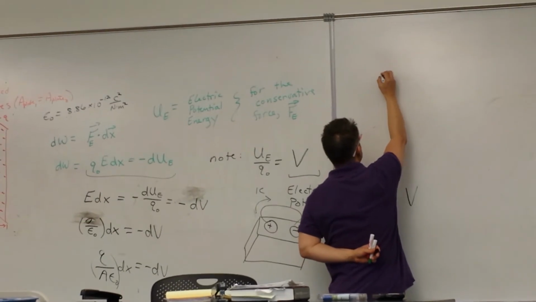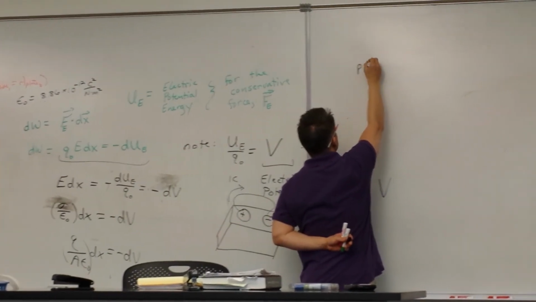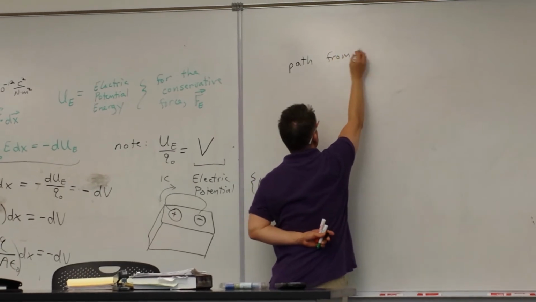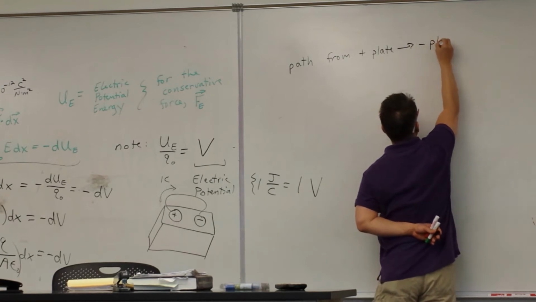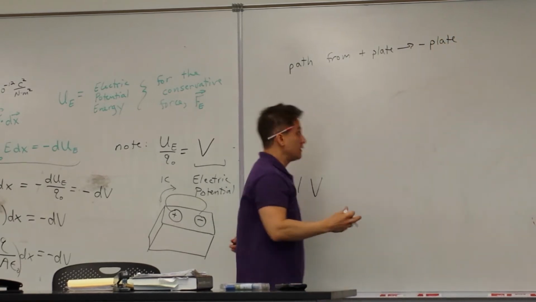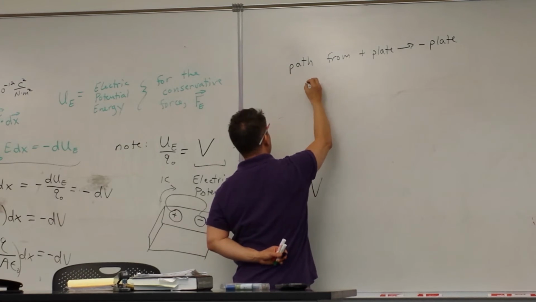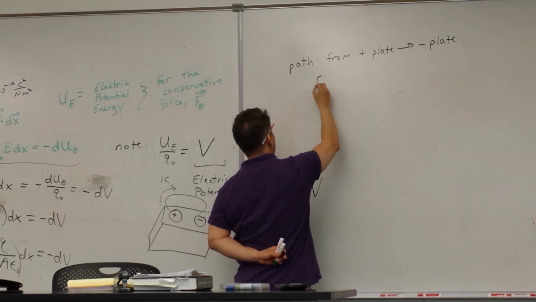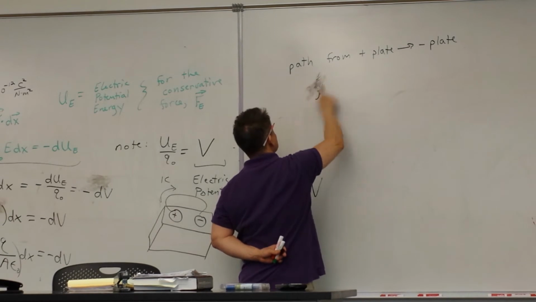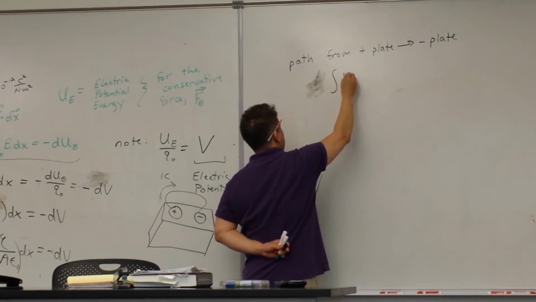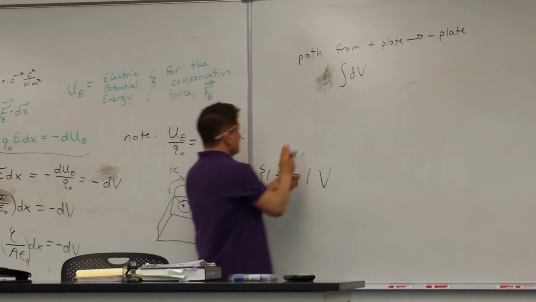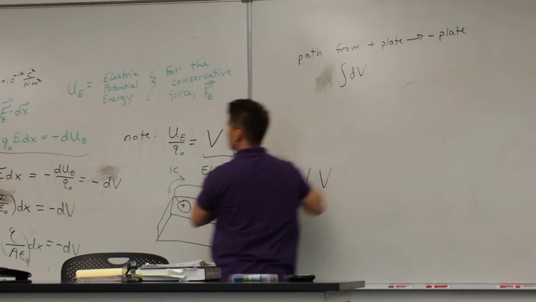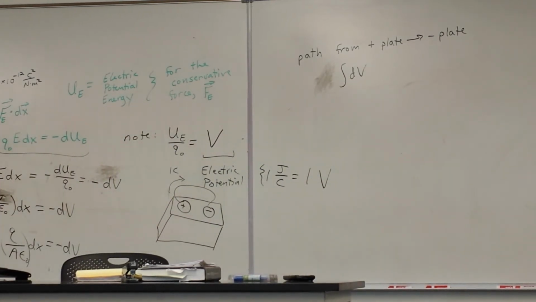If I think of any charge, or if I think of the path from the positive plate to the negative plate for any amount of charge, then I can evaluate the potential difference, the voltage, over any little segment here as I move across.